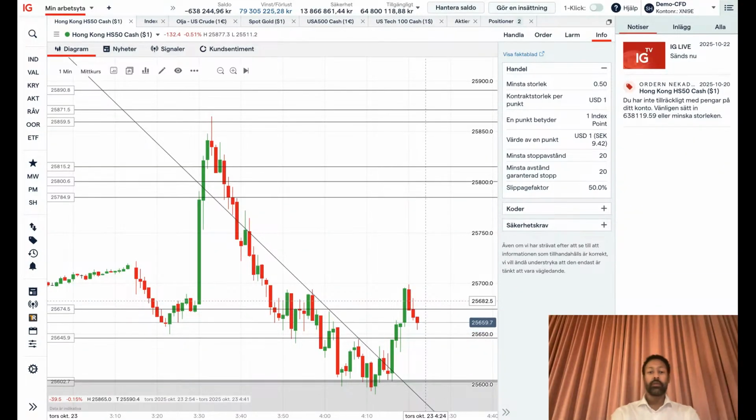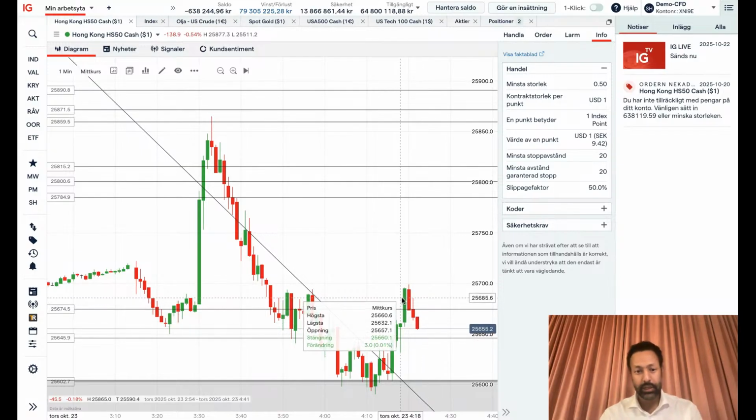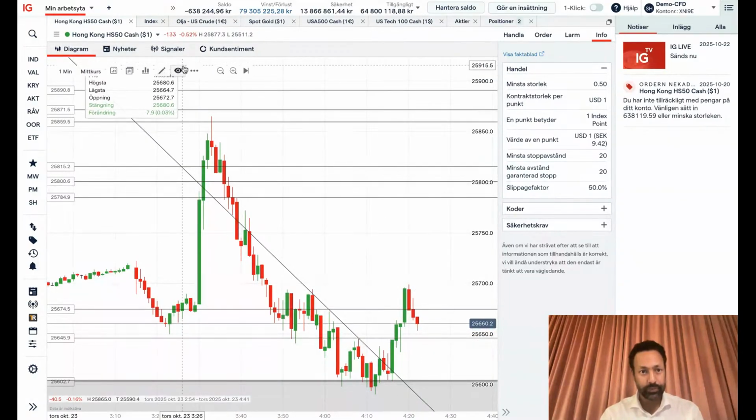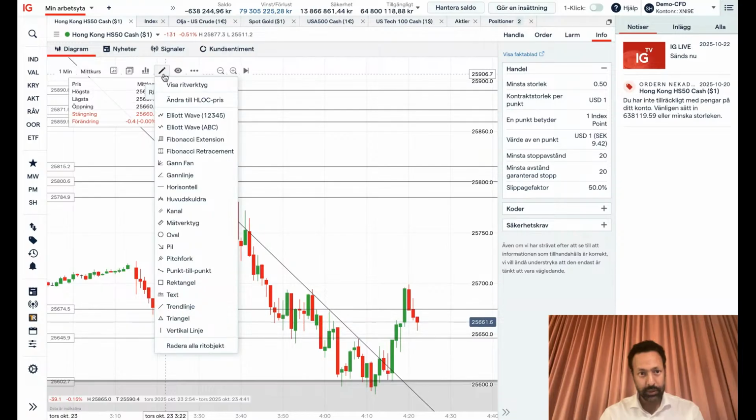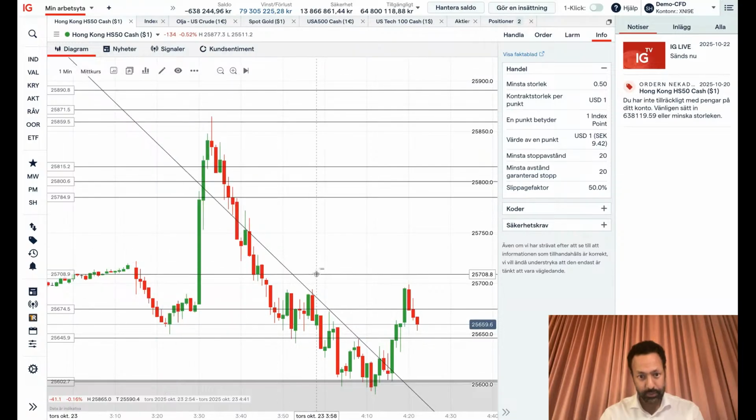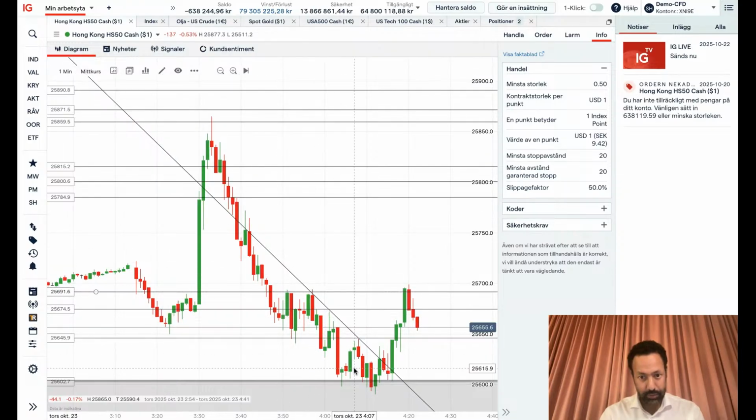So now it looks like we could continue further down, that we had a false breakout on a double top. It's very volatile, so I don't know what to do, but let's try to stick with this one then to the line, down to the line here that we have at least.